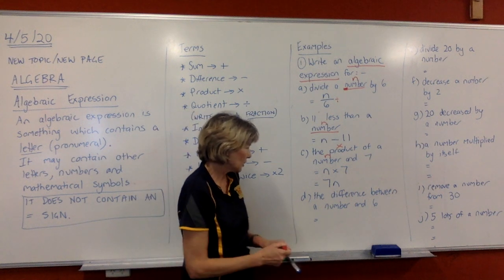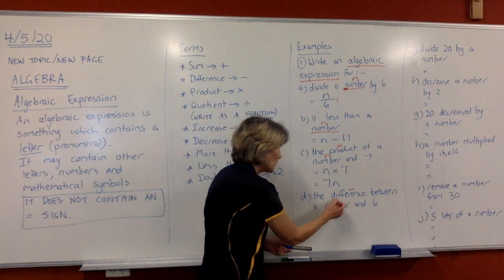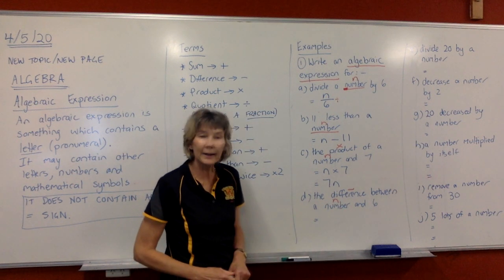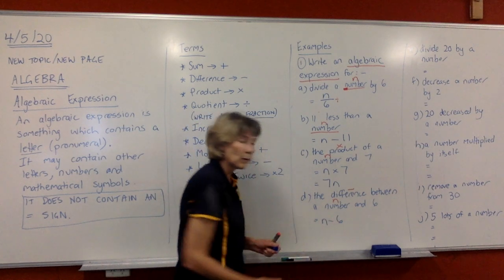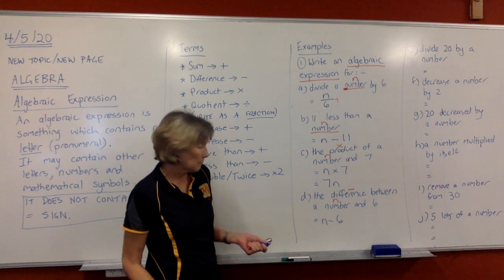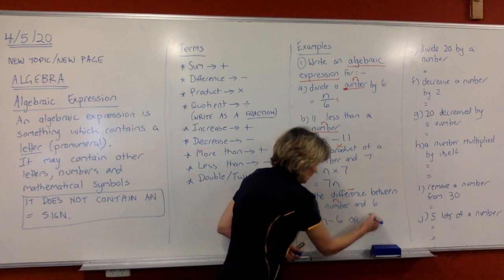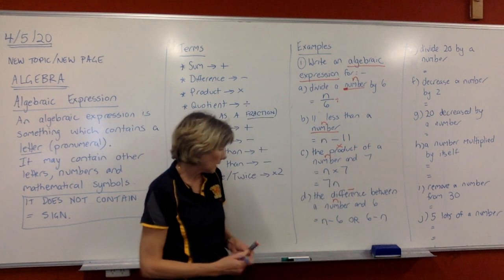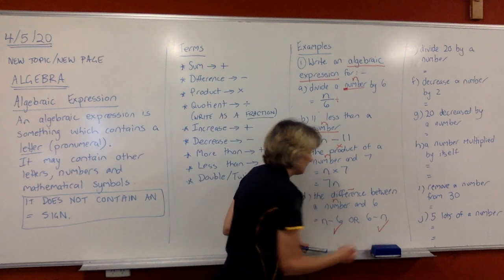The next one, difference means we subtract a number, which we're using as n, and 6. So we're subtracting n and 6. So we can write that as our answer, but there's nothing to stop you saying that it could be 6 minus n. So in an exam, that would be marked correct, and so would that.